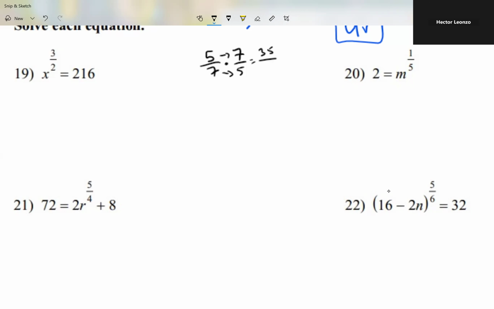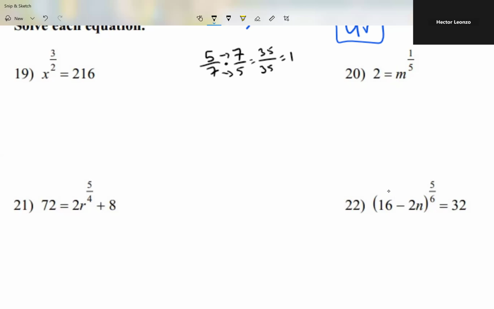At the bottom, I have 7 times 5, which is 35. But then 35 divided by 35 is 1. And that is going to happen all the time. Every time I multiply a fraction times its reciprocal, remember reciprocal is when I flip the fraction, I'm going to get a 1. Really cool.